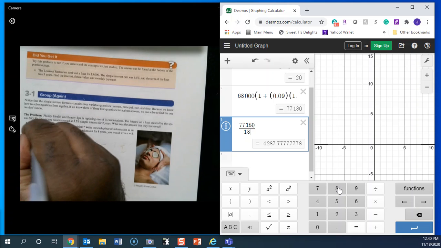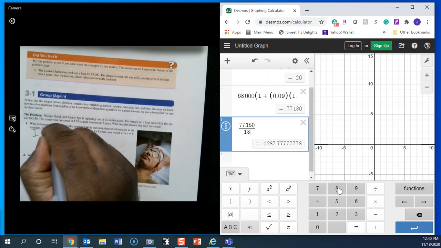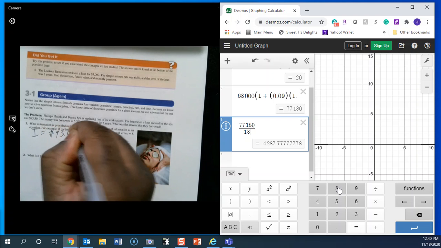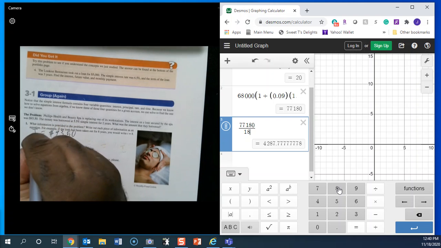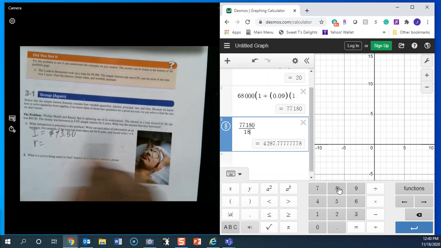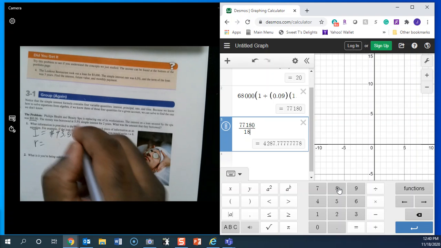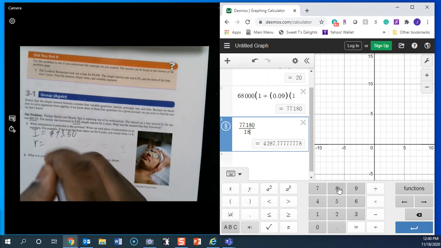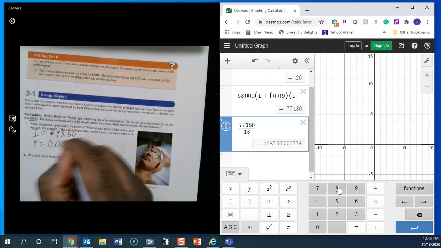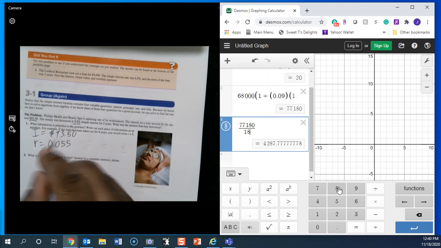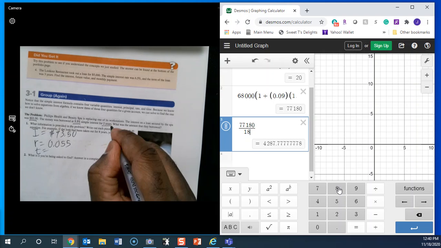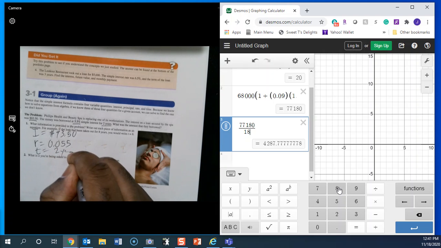So you have I is equal to $93.50. The rate, because it told you the interest was $93.50, the rate is the 5.5% written as a decimal. And then the time, we have 2 years.